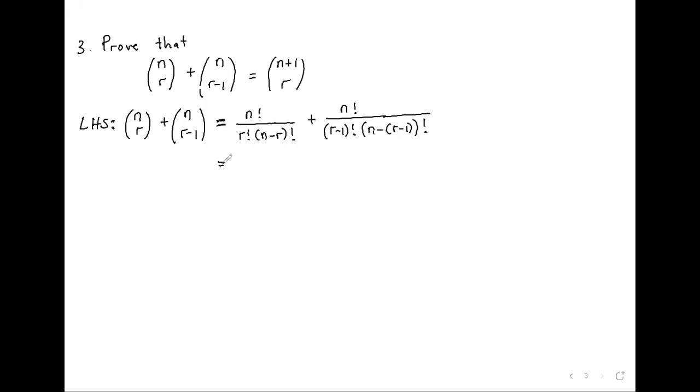Maybe we can retouch it a bit. So we have n factorial over r factorial, n minus r factorial plus n factorial over r minus 1 factorial. This is n minus r minus 1. We can expand it to n minus r plus 1 and write it as n plus 1 minus r. So n plus 1 minus r factorial.